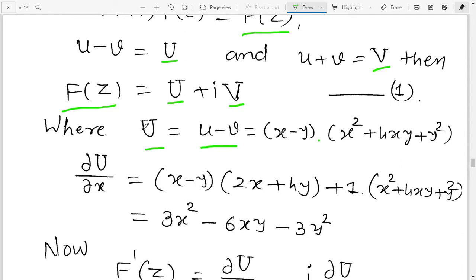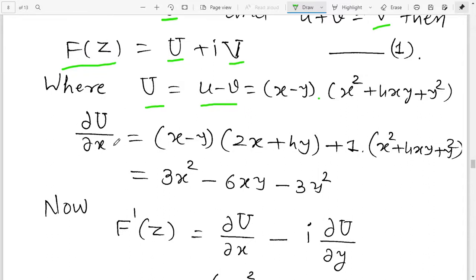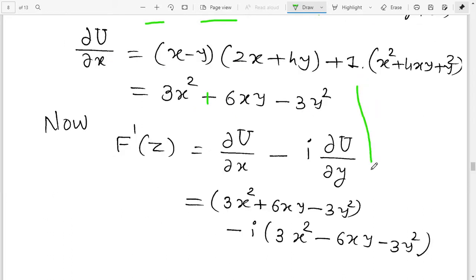Now we find the partial derivatives ∂U/∂x and ∂U/∂y. So ∂U/∂x = 3x² + 6xy − 3y², and ∂U/∂y = 3x² − 6xy − 3y².